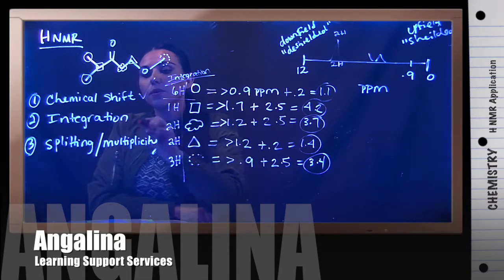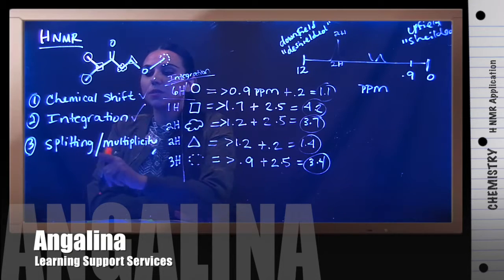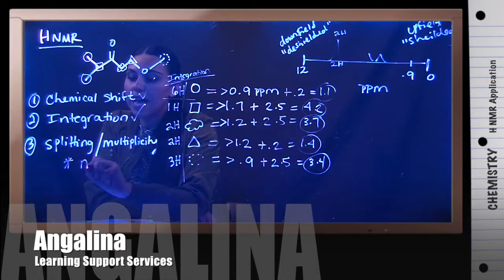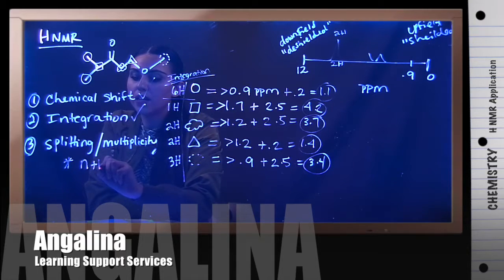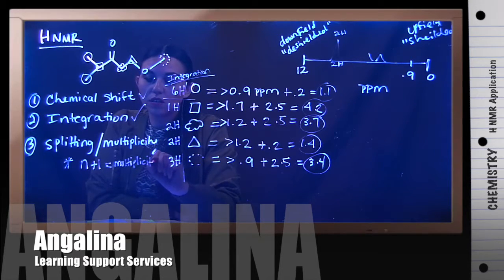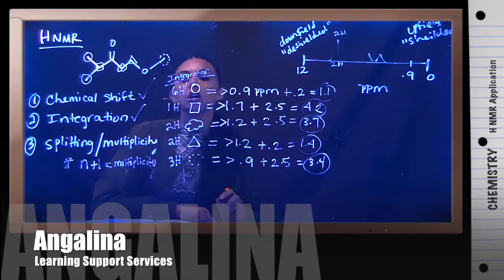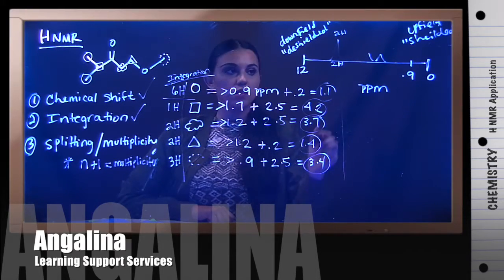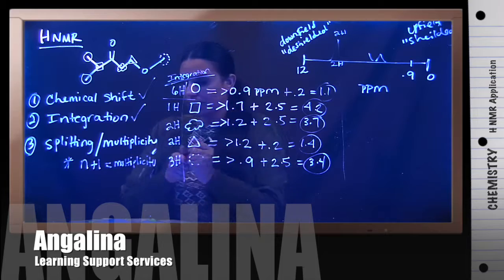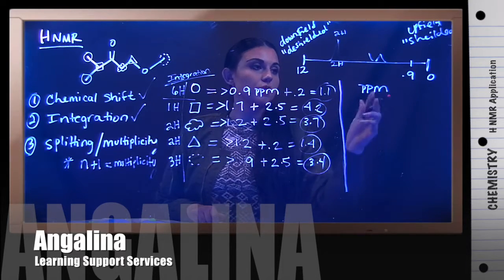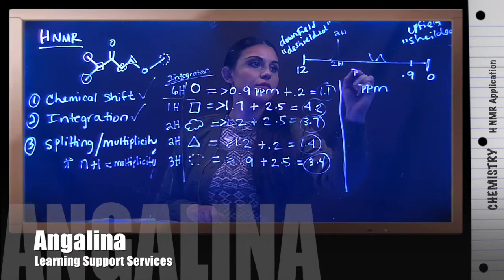Then the third thing that we're going to look at is going to be the splitting or multiplicity. And this is when we use that neighbor rule. So it's n for neighbor plus 1. That's going to equal our multiplicity or our splitting. Okay. So for each of these, see if I can fit it over here. And I'm going to move this up here.